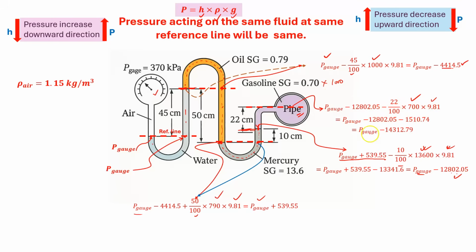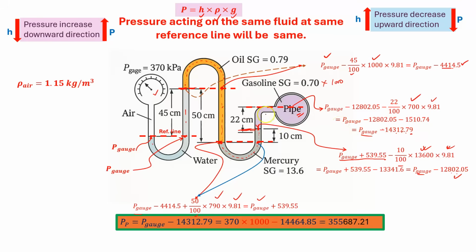If I do the calculation, that will be P gauge minus 14312.79. So ultimately the pipe pressure PP is P gauge minus 14312.79. We know P gauge is 370 kilopascal, which is 370 times 1000 after converting kilopascal to pascal, minus 14312.79.